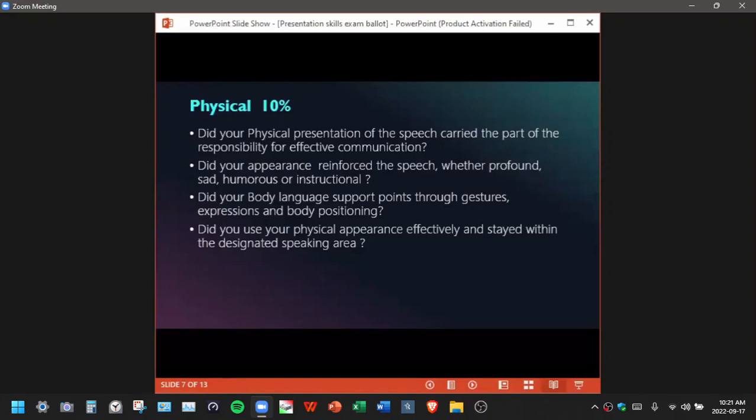And also you can use some transitions at this stage with your physical presence.